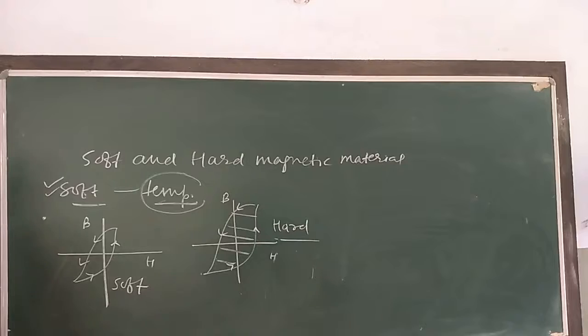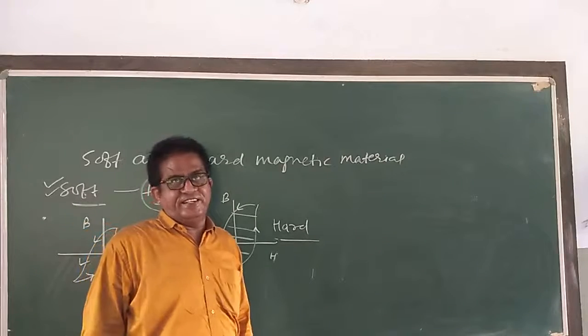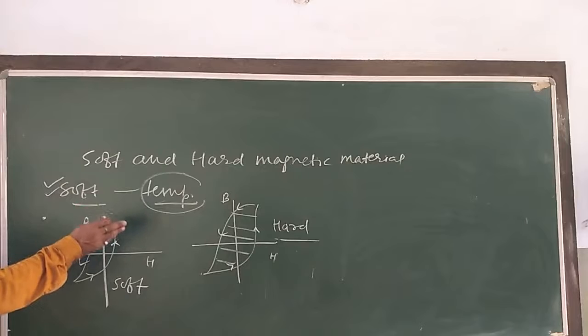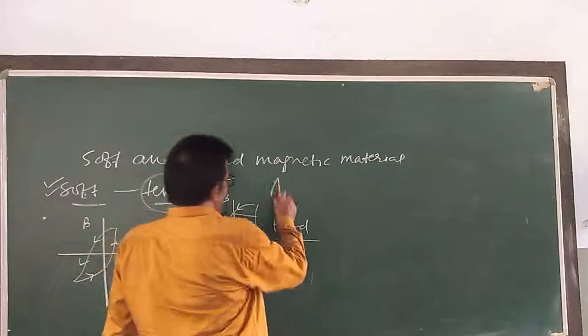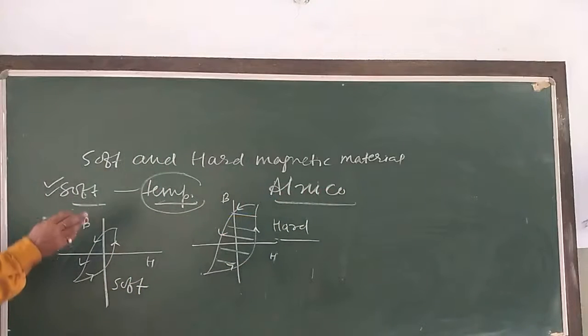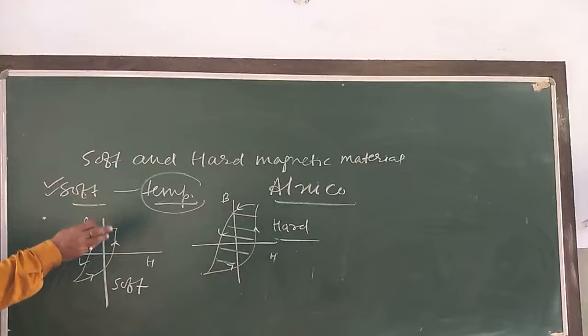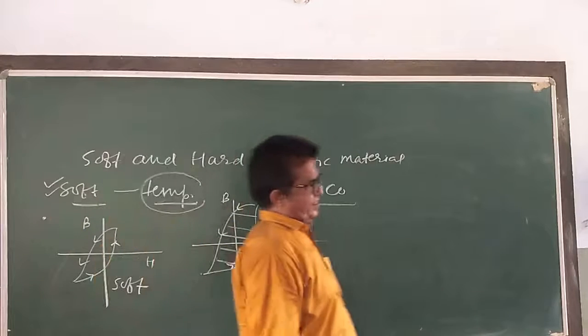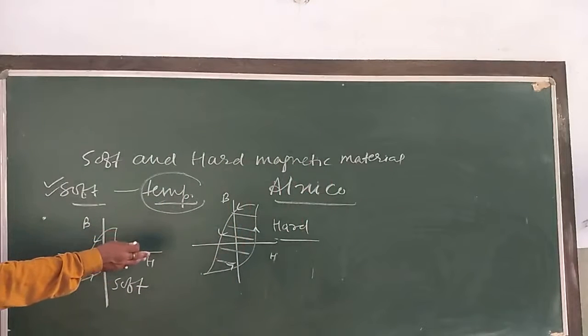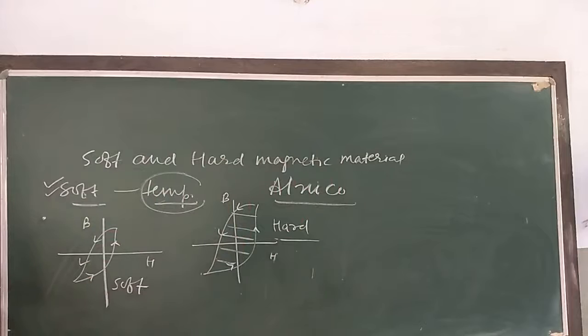These are suitable for permanent magnets. Examples are steel and alnico, an alloy of iron, aluminium, nickel, cobalt, copper, used in making different types of permanent magnets, electric meters, and loudspeakers.